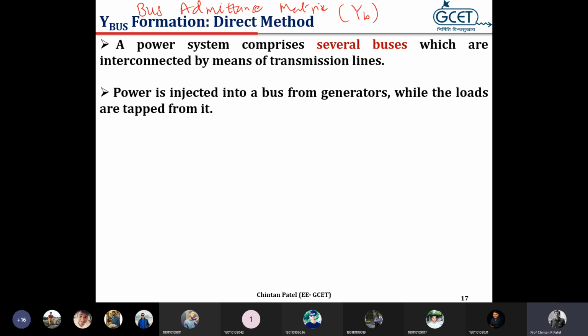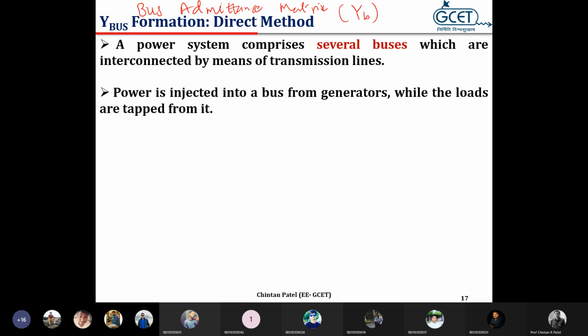So in this highly interconnected network, there are so many power plants connected at particular buses, and there are loads which are connected at other buses.